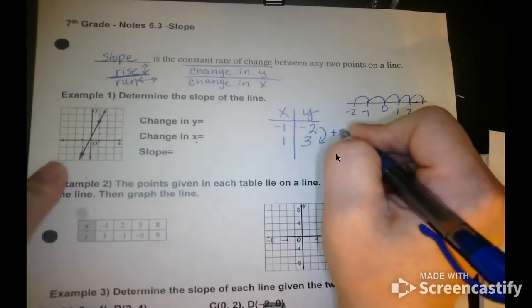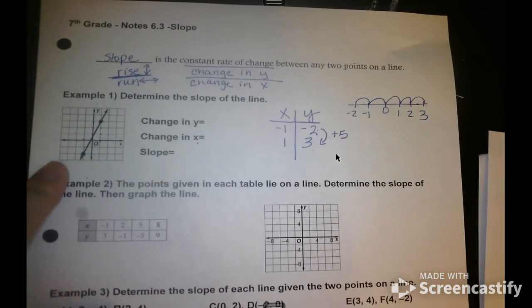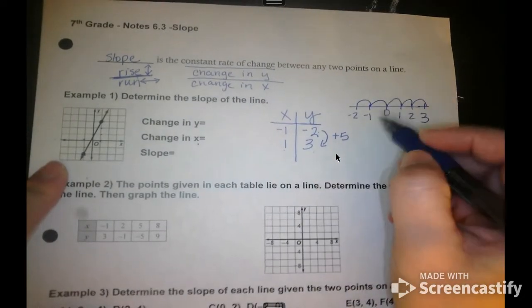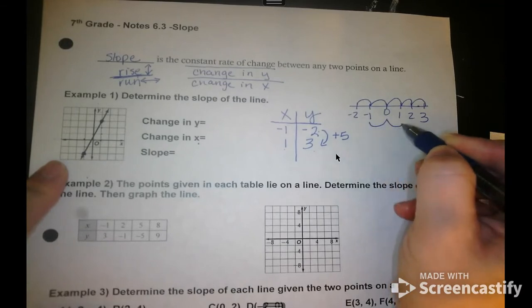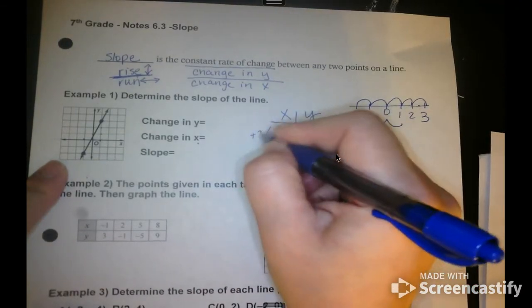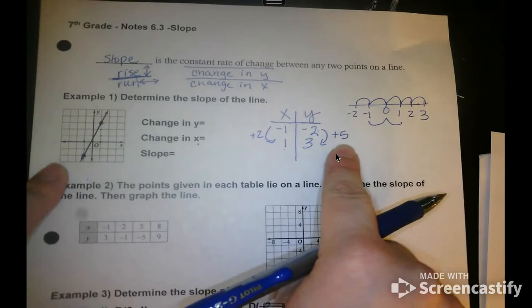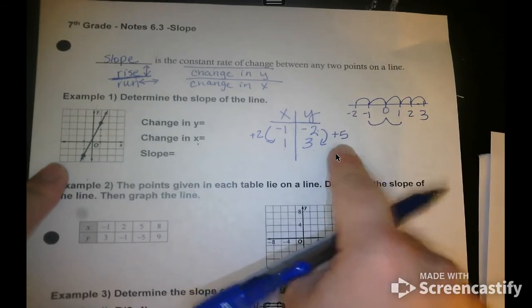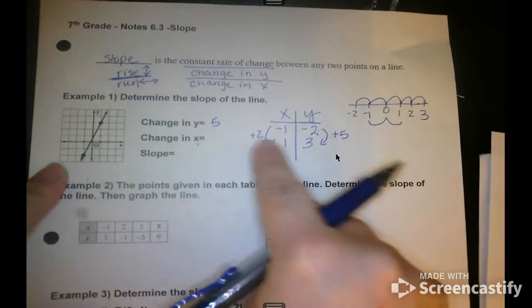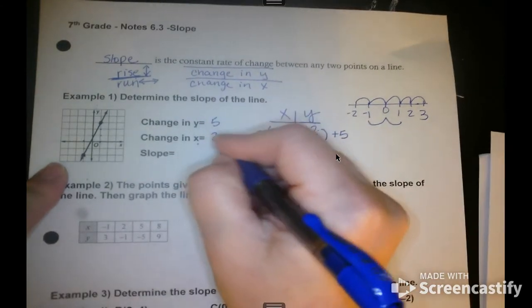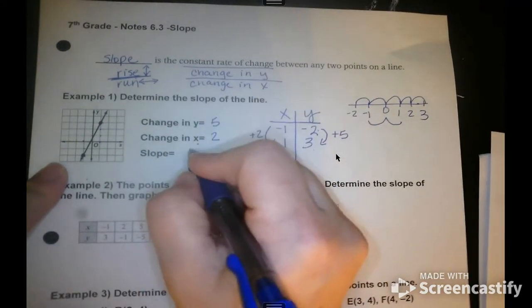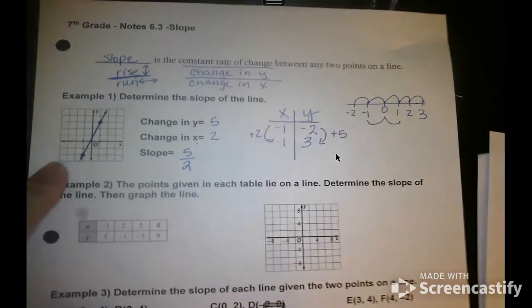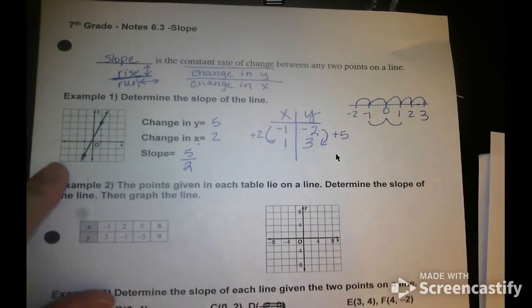So this is +5. Okay. So then how do I get from -1 to 1? Yeah, +2. So my change in y was what? 5. What's my change in x? 2. So my slope is just y over x. So it's 5 over 2. And we keep it that way.